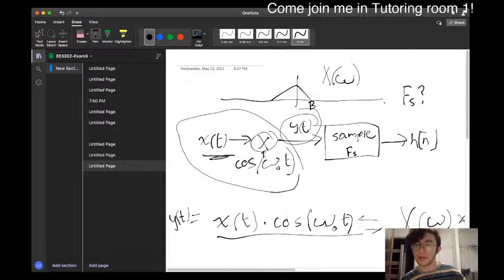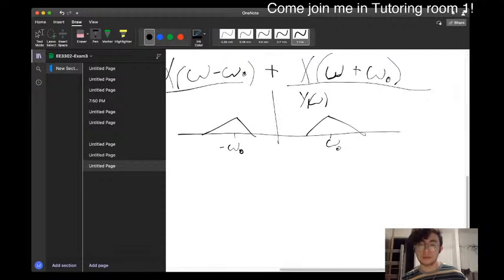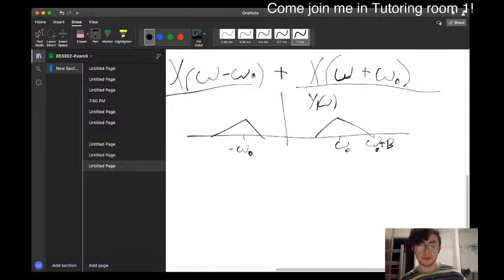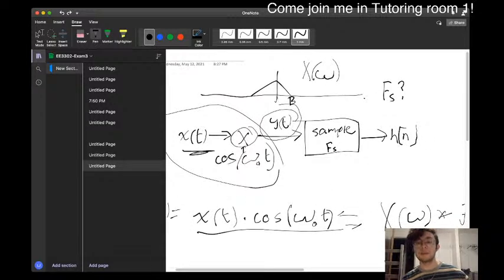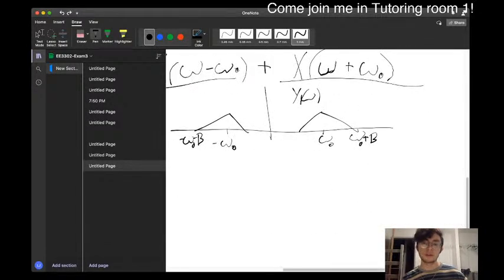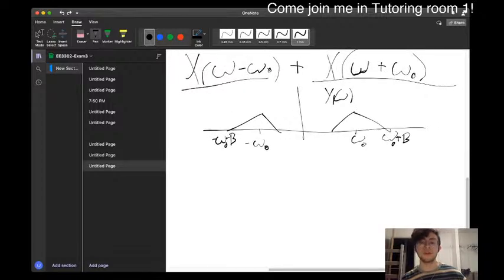So if we were to sample at twice this bandwidth, then we'd have a lot of aliasing, because the maximum frequency here is not B, it's omega plus B. And we get the same thing over here, so negative omega minus B. This is our max frequency now. And we need our sampling frequency to reflect that, because we're not sampling our original signal, we're sampling a modulated version of our input.